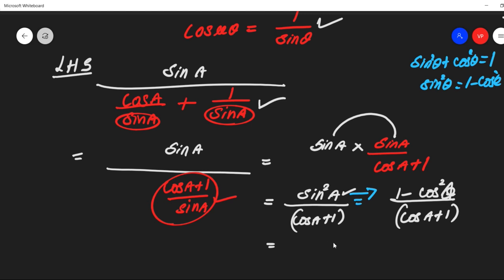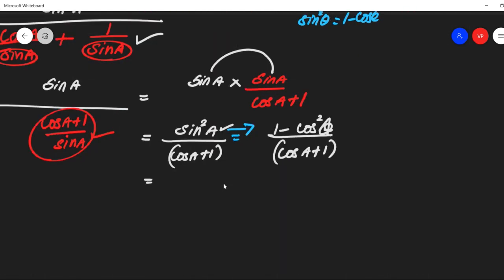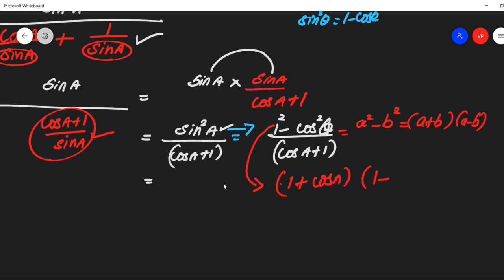This numerator is of the form a square minus b square, so you can write it as a plus b times a minus b. Exactly, you can write 1 plus cos A times 1 minus cos A.